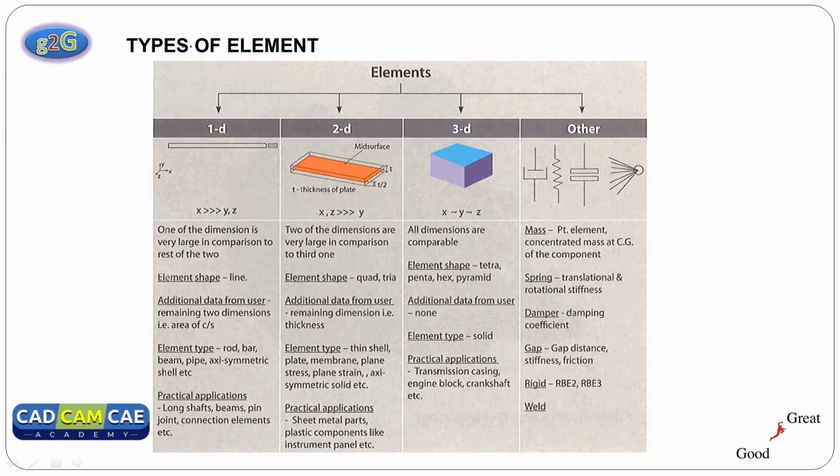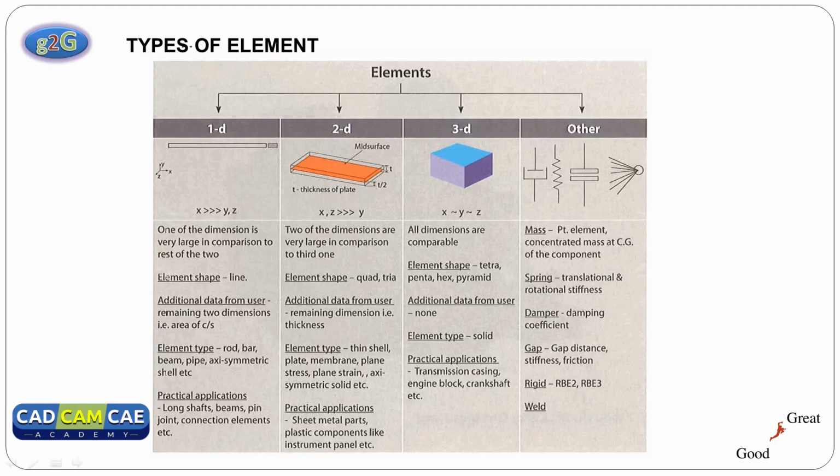In one dimension it will be longer than the other two dimensions, and the other two dimensions will be negligible. So the element shape is a line. Element types: rod, bar, beam, pipe, axisymmetric shell. Practical applications include long shafts, beams, pin joint connection elements, etc.